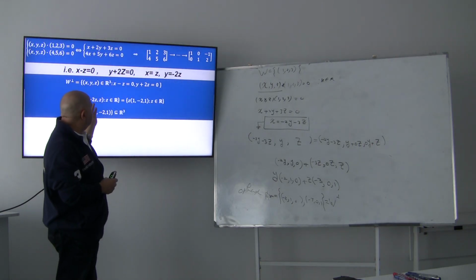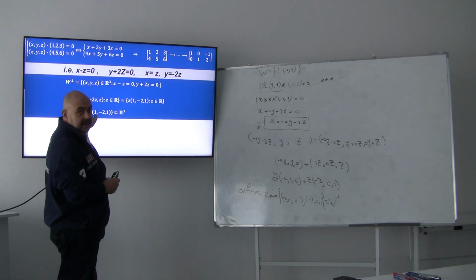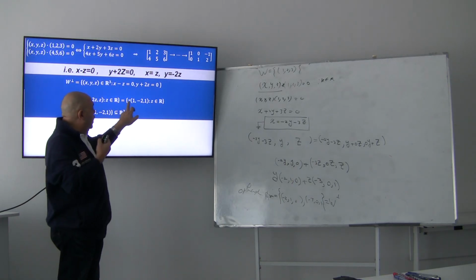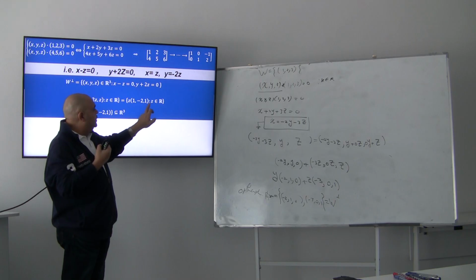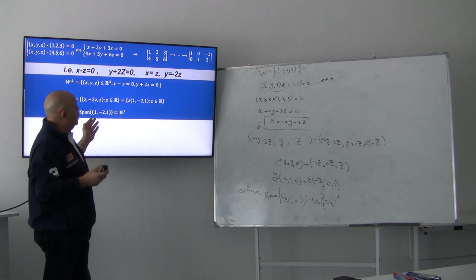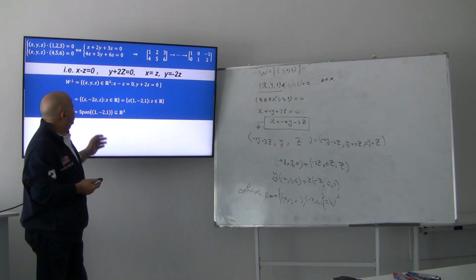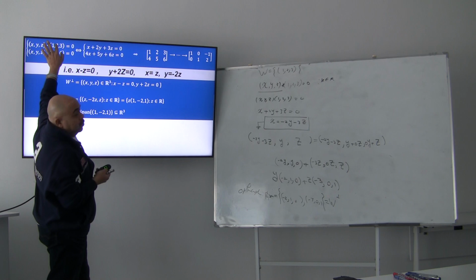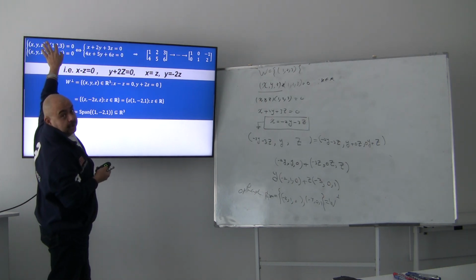Once you do this, you can isolate z as a common factor, as we did previously. So you will have z times (1, negative 2, 1), such that z belongs to R, and so the basis will be (1, negative 2, 1).